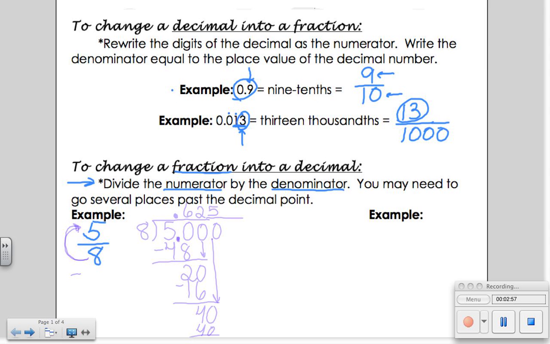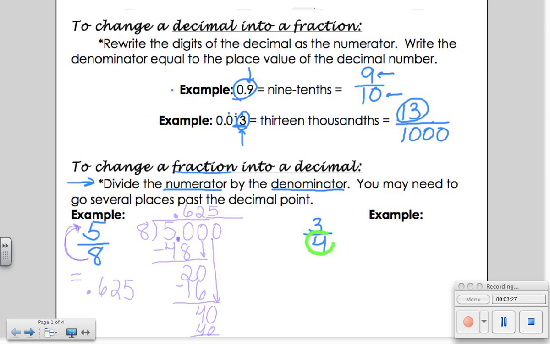So 5/8 is equal to 0.625, or 625 thousandths. Another example, just to show you, is 3/4. Now, I know I talked about in class that there are some fractions that you should really know the decimal equivalent.